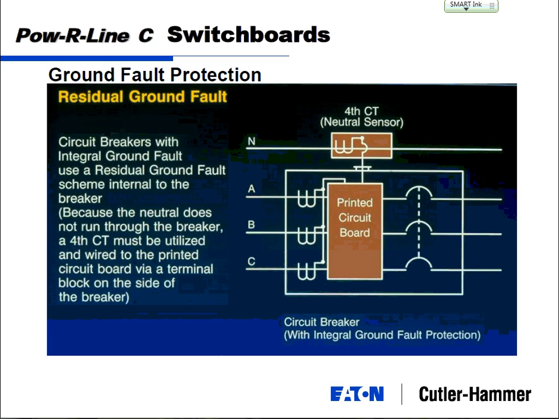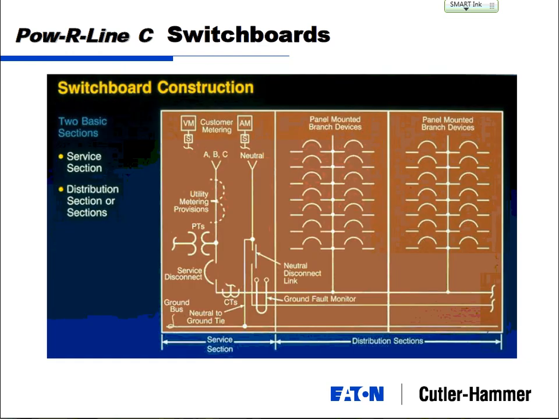The solid-state trip unit, which is the printed circuit board in the breaker, looks at your A, B, and C. Because you don't usually run a neutral through a breaker, you've got a separate loose CT that you connect and wire into this trip unit. So that takes an input as the fourth CT. If everything's not zero, it's going to initiate a trip signal, hit the trip bar, and trip the breaker.